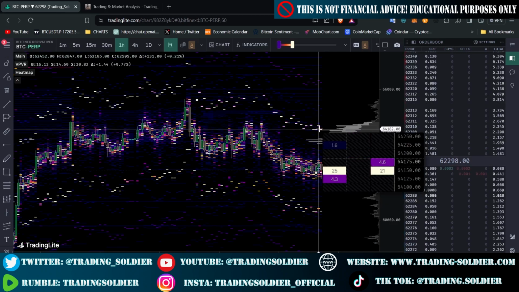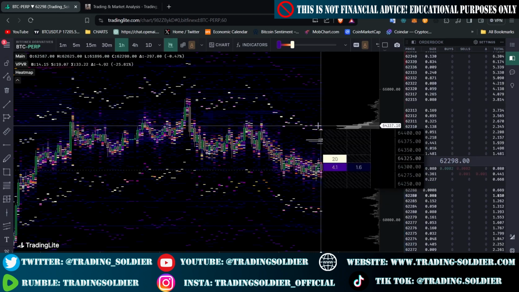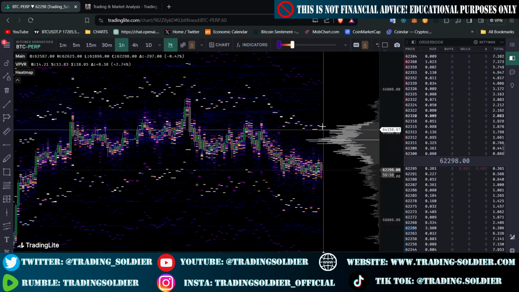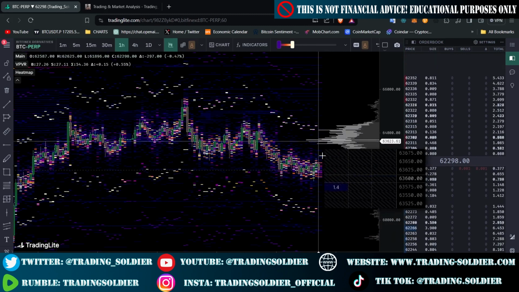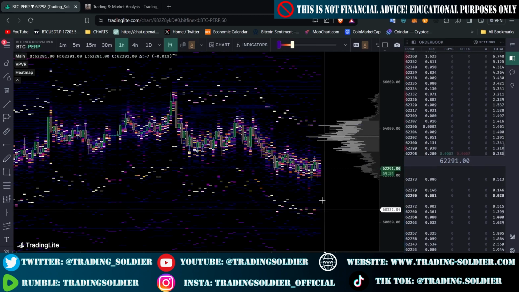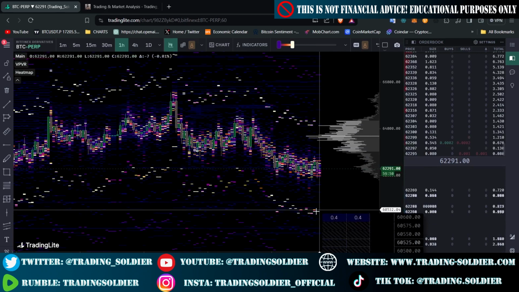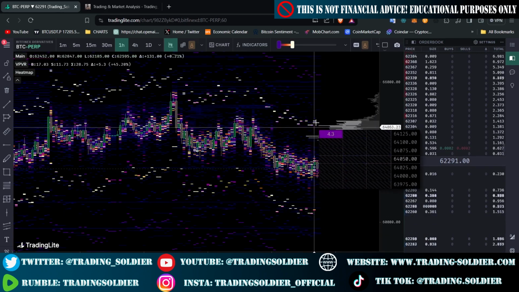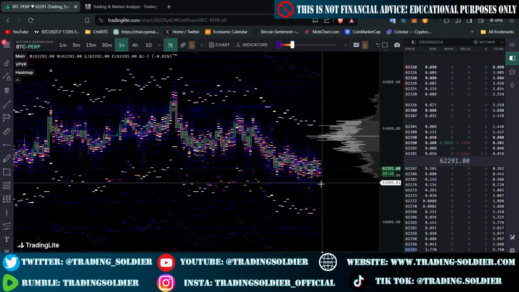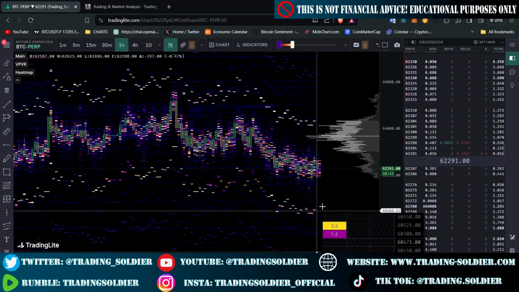Usually this in perpetuals means that a lot of stop losses are clustering here, so when the price reaches this area it will trigger a lot of liquidations. And on the opposite side, if the price dumps and reaches this area, it will trigger a lot of long liquidations. Okay, so here we will have the short liquidations, and in this area we will have the long liquidations.